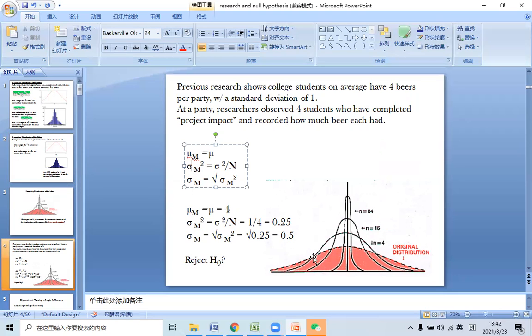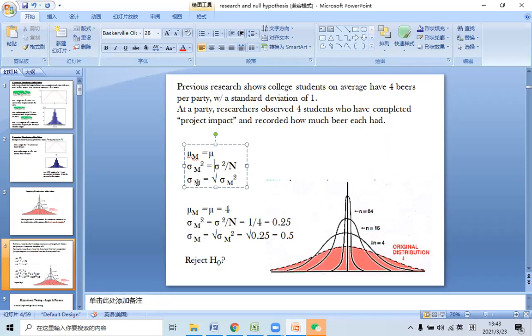The variance of the distribution of sample means is the variance of individuals divided by the sample size: sigma squared sub mean equals sigma squared divided by n. So it is n times smaller than the distribution of individuals.